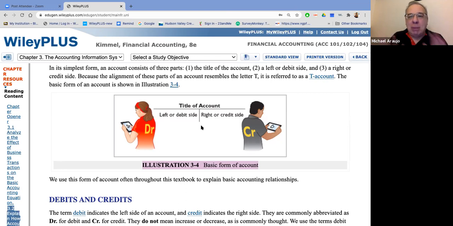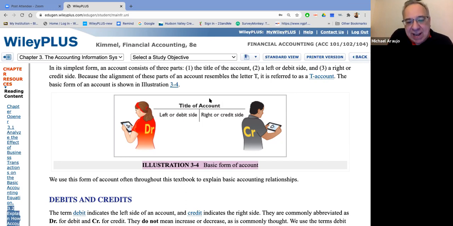And I need you to remember that you're learning a new language in accounting, and this is just how they talk. So the term debit and credit means something different in accounting and bookkeeping than what we have known or have learned about those words in the world of dealing with our banks, okay?